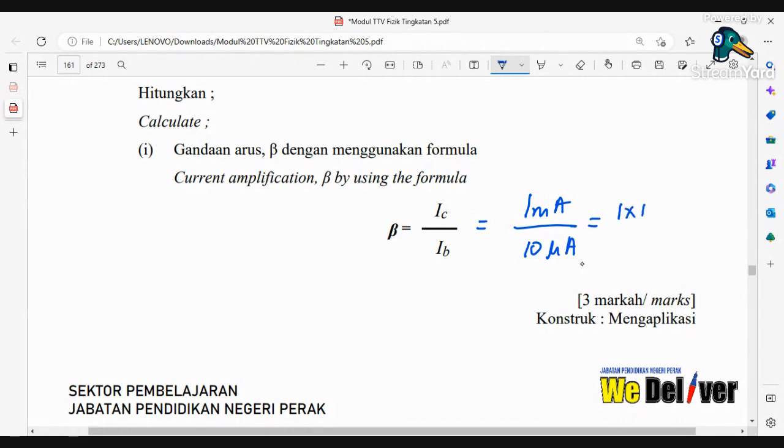Milli is 1 times 10 negative 3 ampere. 10 times 10 power negative 6 ampere. We get is 100. Means IC is 100 times bigger than IB.